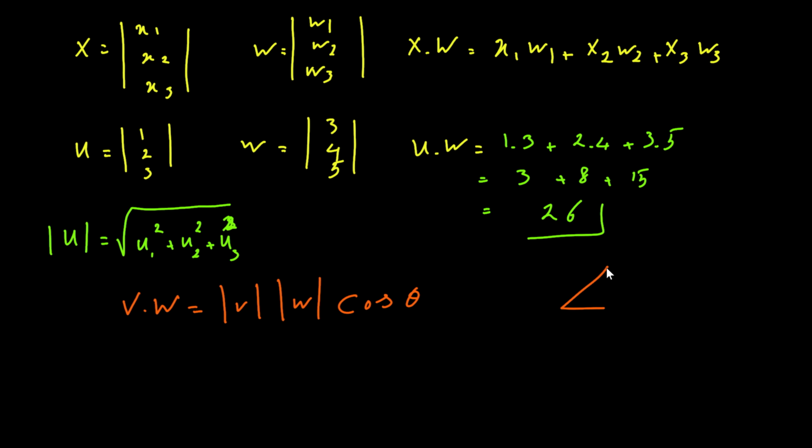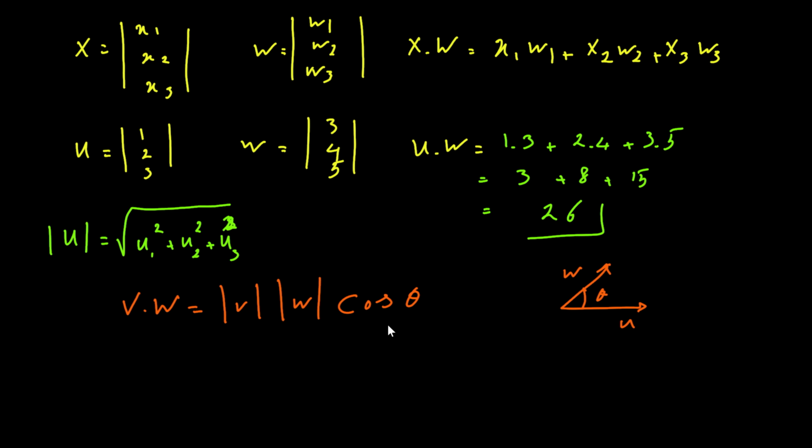So if we have the two vectors v and w with the angle between them, the magnitude of this vector multiplied by the magnitude of that vector, multiplied by the cosine of the angle between them, is going to give us the resultant of the dot product of the two vectors.